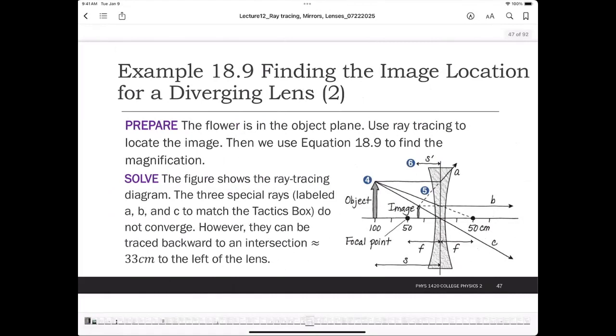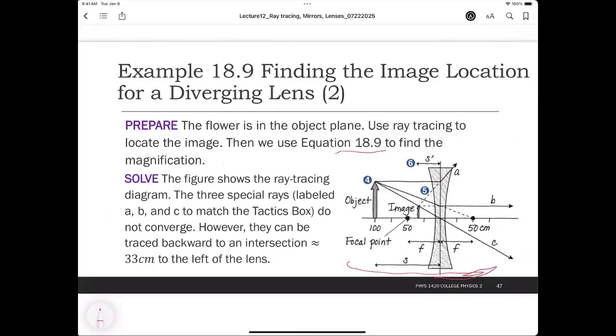Then we use equation 18.9 to find the magnification. The figures show the ray tracing diagram. The three special rays, labeled A, B, C to match the textbook box, do not converge.